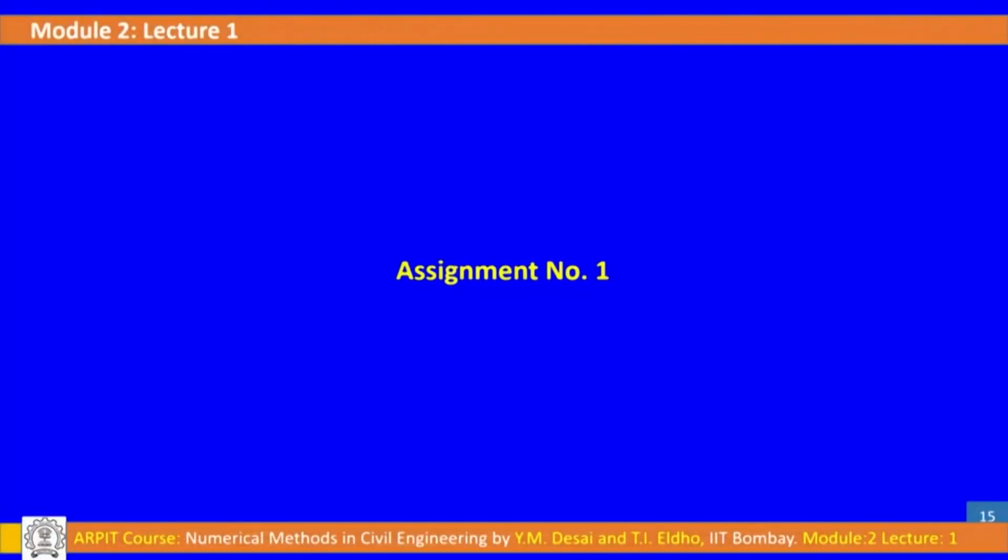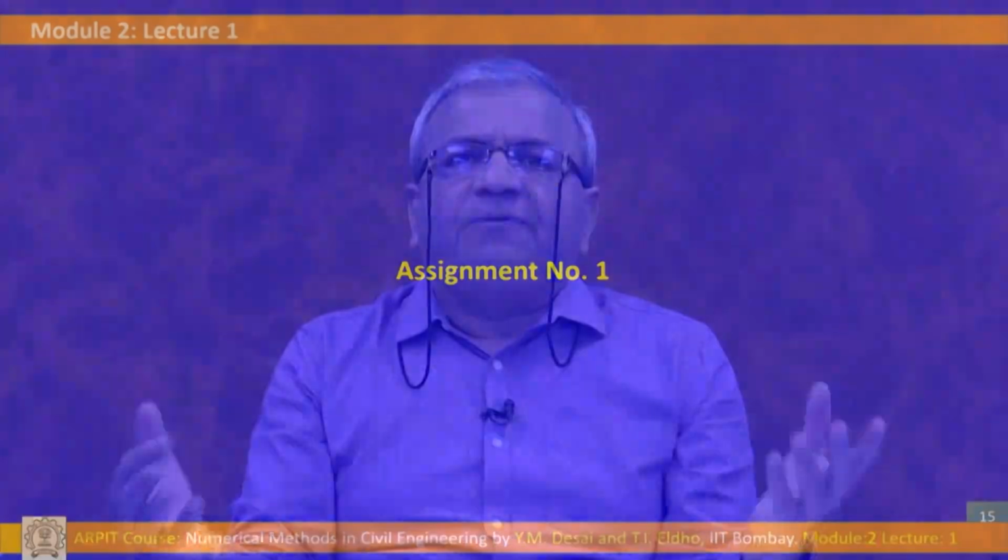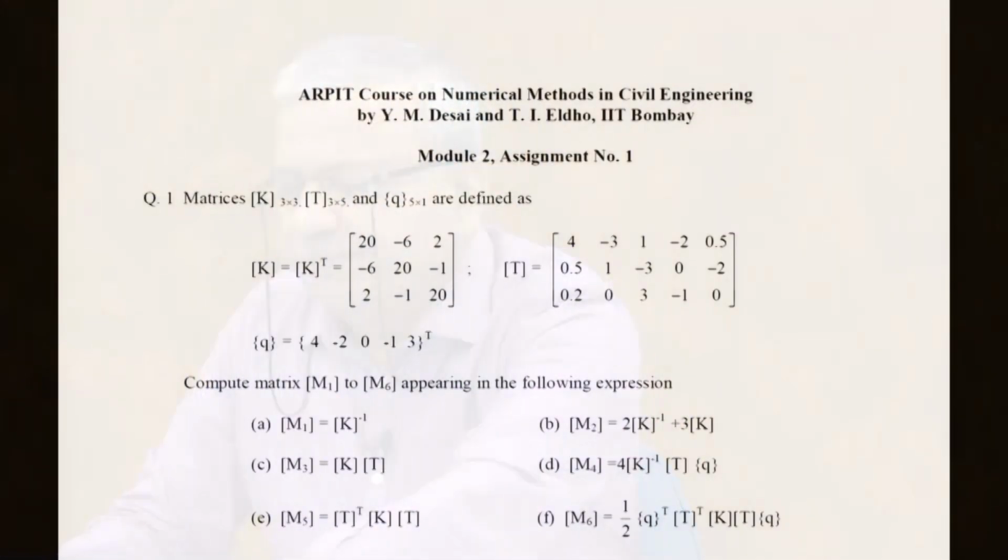So, having said that, I will now talk about the first assignment coming out of the topic that we discussed, treatment of linear equations, and also we would like to talk about a little bit of fluency with the matrix operations. So, in this context, this assignment number 1 has been prepared.